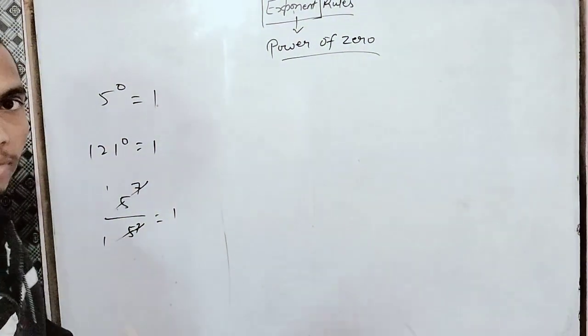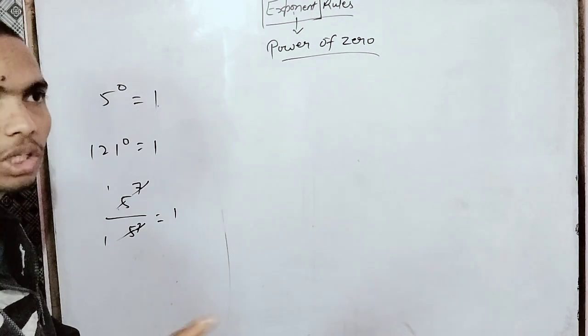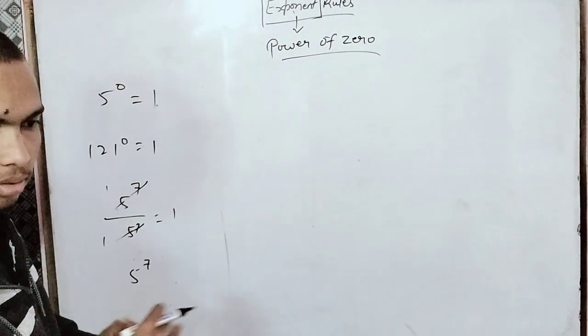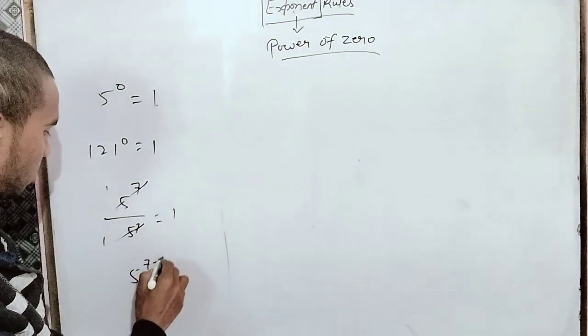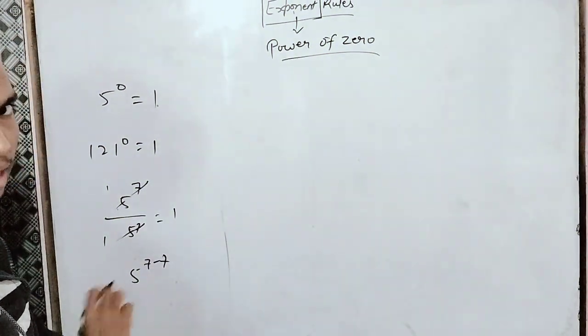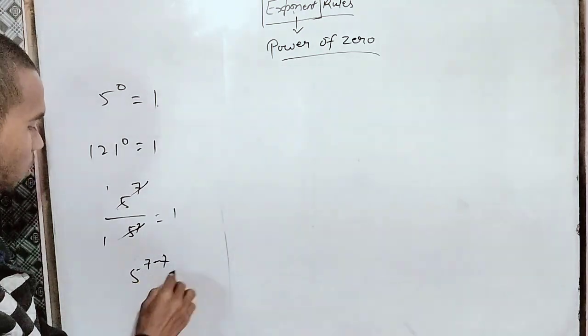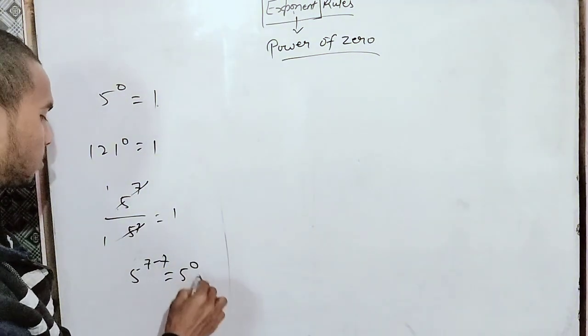Now we see that this is a quotient, so we can apply the quotient rule, and the quotient rule says to subtract the exponents. So can we write it as we saw in the quotient rule? We will have 5 to the power 7 minus 7, which is 0.